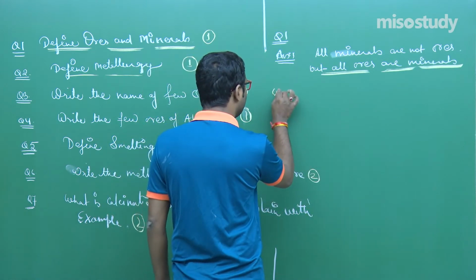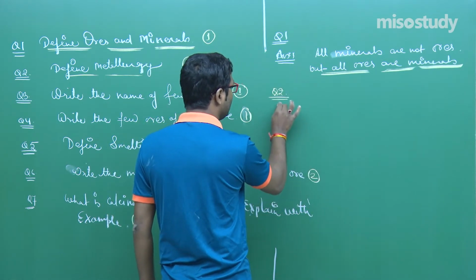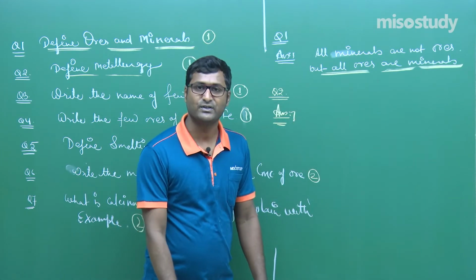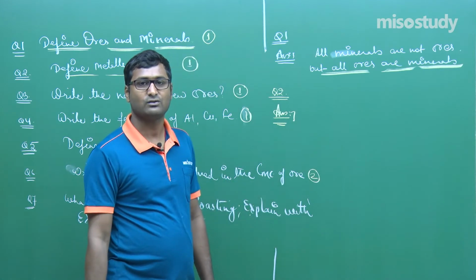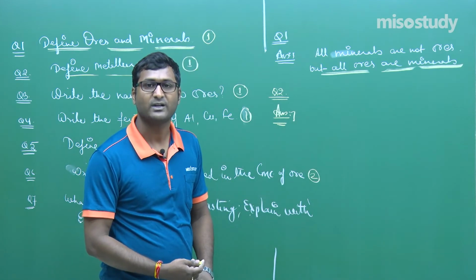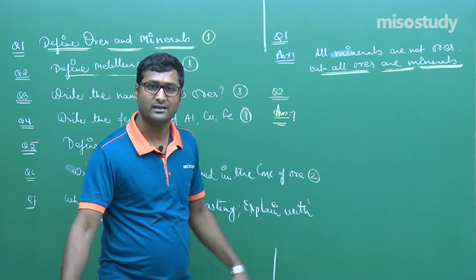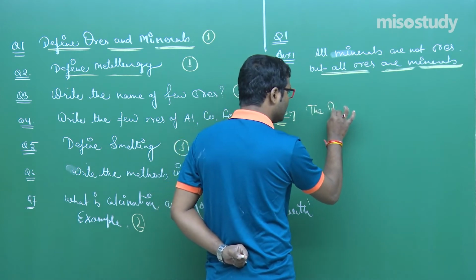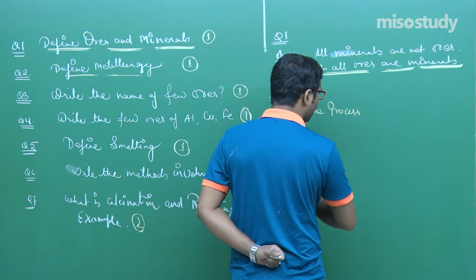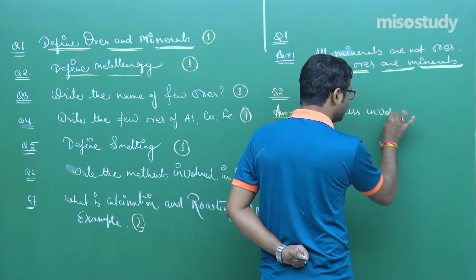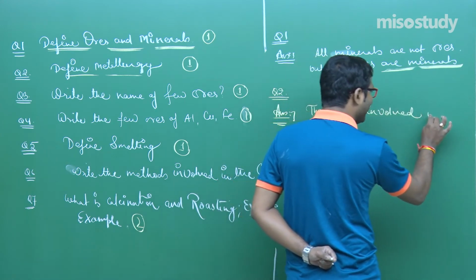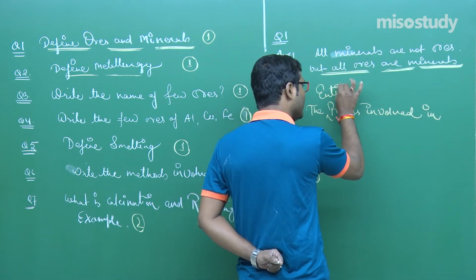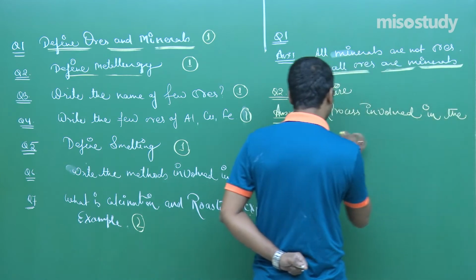Now, question number 2, what is the answer of question number 2? Listen carefully. Define metallurgy. This is from the chapter General Methods of Preparation and Isolation of Metals from their Ores, chapter number 6. Define metallurgy. It's simple, a 1 mark question, no need to explain.